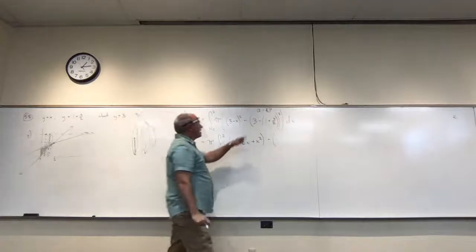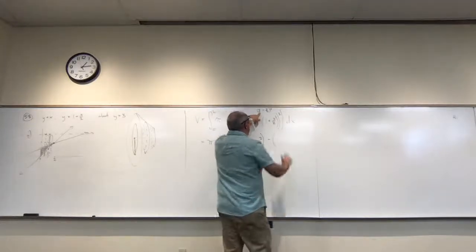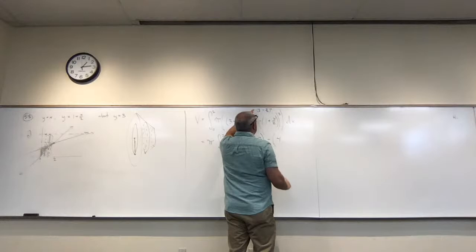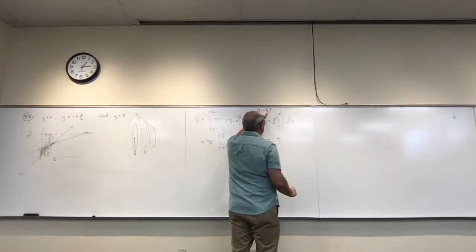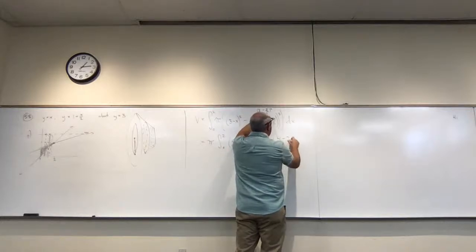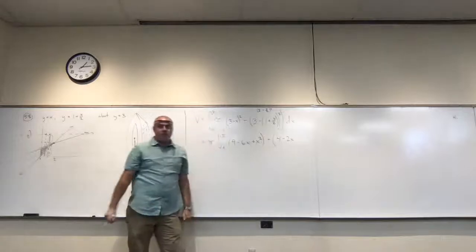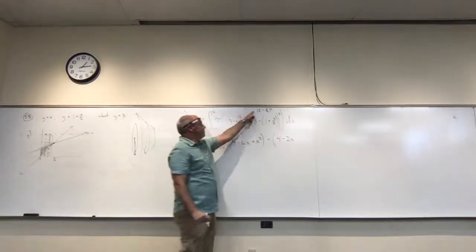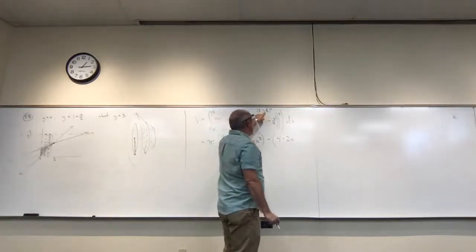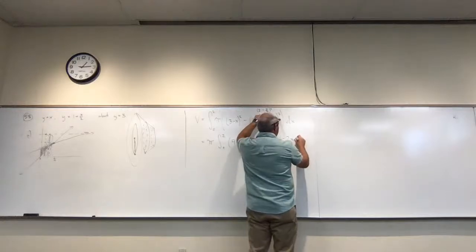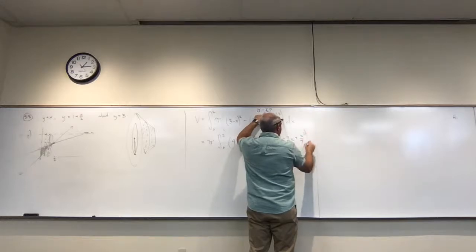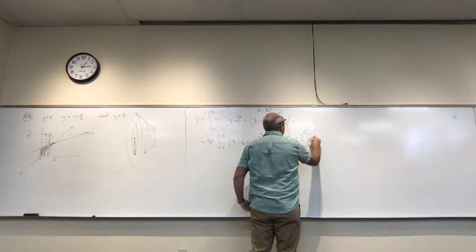So if I do the exact same thing, 2 squared, otherwise known as 4, then 2 times the first times the second. So 2 times 2 is 4, 4 divided by 2 is negative 2x. That's 2 times the first times the second. And then the second one squared is positive x squared over 4, dx.